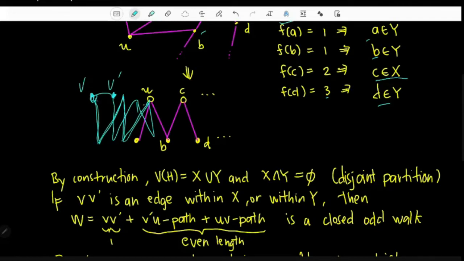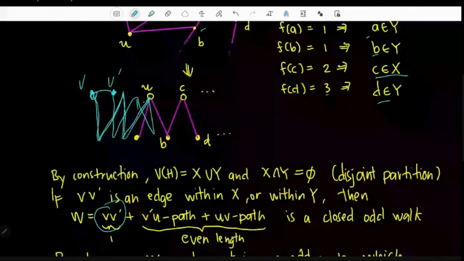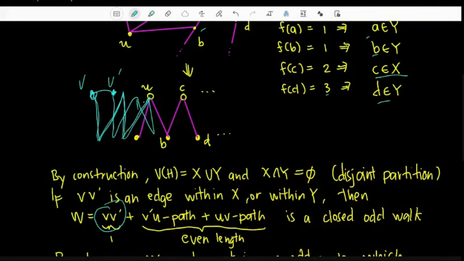So you are able to make a closed walk, but observe that the V prime U path and the UV path together are always an even length, plus the edge VV prime makes our walk a closed odd walk, right?